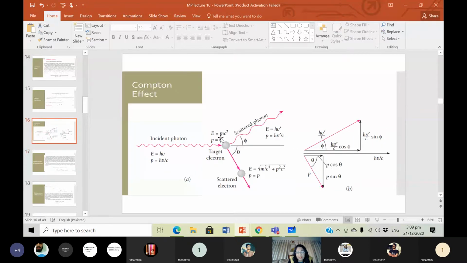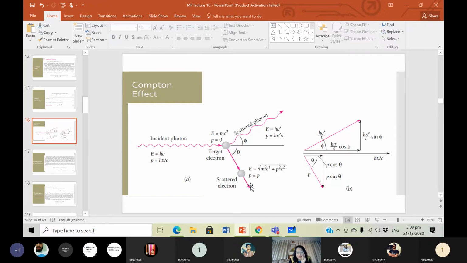So initially, we understood what the energy of the initial photon is and the energy of the final photon. In terms of momentum, we can also get that equation. And then for the electron, initially it was at rest, so it will only have a rest mass energy, which is E equals mc squared. Its momentum will initially be 0 because it's at rest.